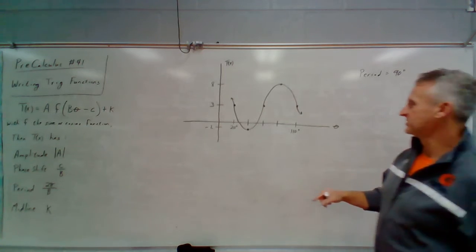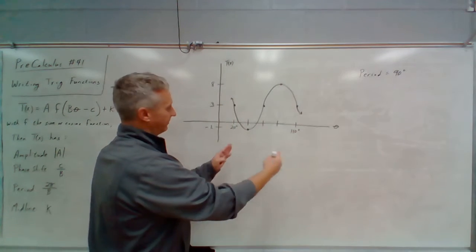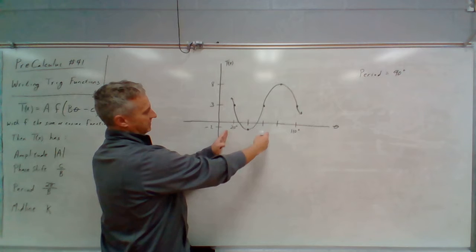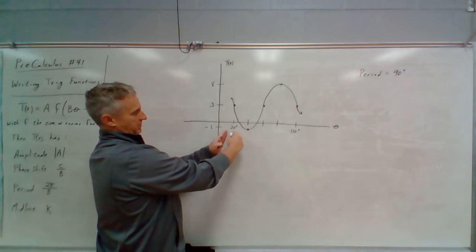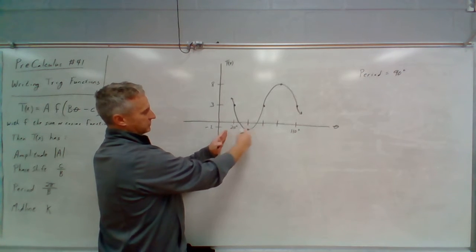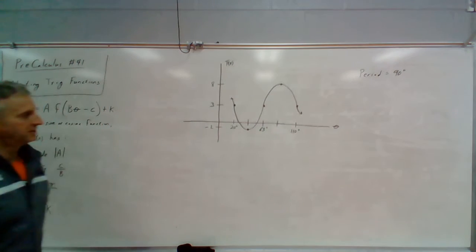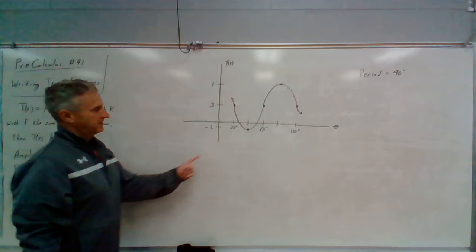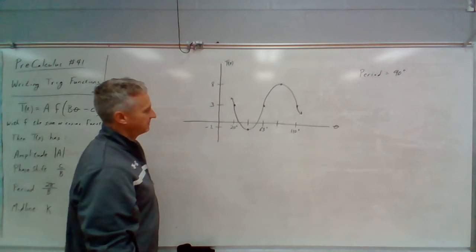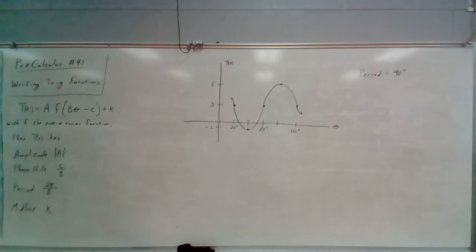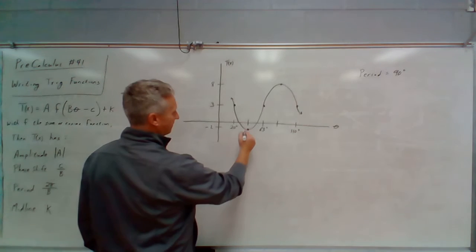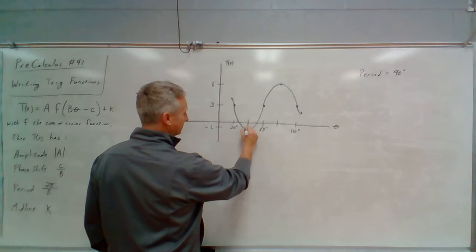Let's go ahead and label some more points now. If this is fully 90 degrees, then half of this would be 45. So 20 plus 45, this would be 65 degrees here. And then halfway between 20 and 65 is 42.5. I'll slide that right in there.